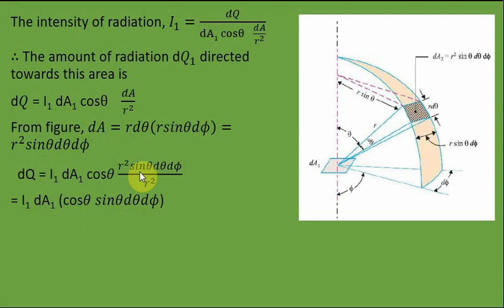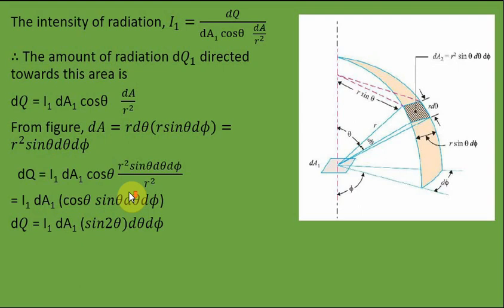So the remaining terms are cos theta sin theta d theta d phi, which is equal to I1 dA1. You know that cos theta sin theta is equal to sin 2 theta by 2, so d theta d phi. So this is the radiation emitted by this dA1 black body surface towards the projected surface of this dA1 cos theta in this particular direction.